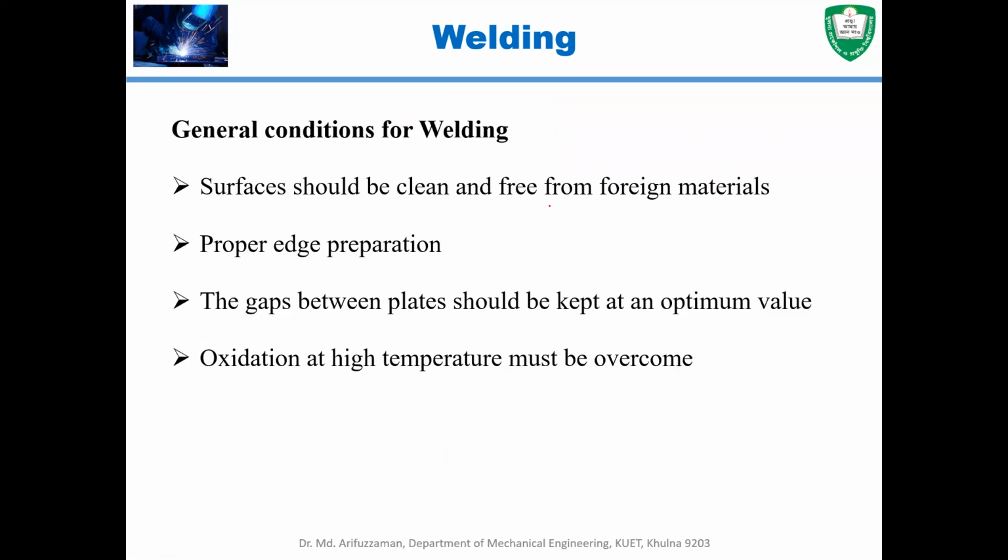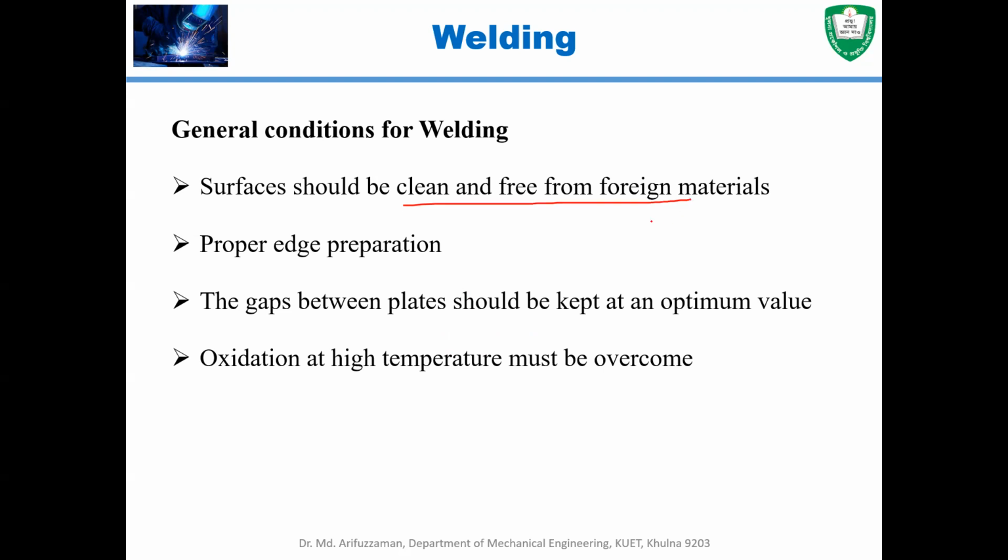Okay. What are the conditions we need to fulfill before conducting a proper welding? If you want to do welding properly, then you must consider these four parameters very carefully to get better performance after the fabrication, when the part will be in service. First of all, the surfaces should be clean and free from foreign materials.